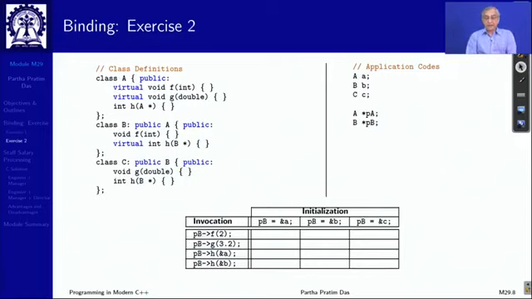The second part of the exercise has exactly the same problem, exactly the same instance, except that now we are using PB. Earlier we were using PA, now we are using PB, which points to the B class, and in all the three cases, PB is assigned the address of A object, address of B object, and address of C object. You have to write what will happen in all these different 12 cases.